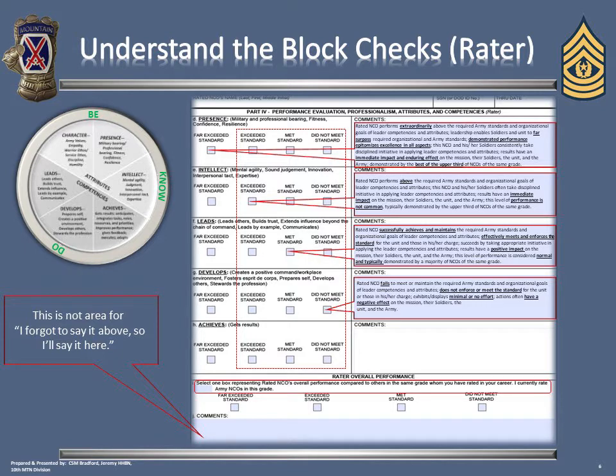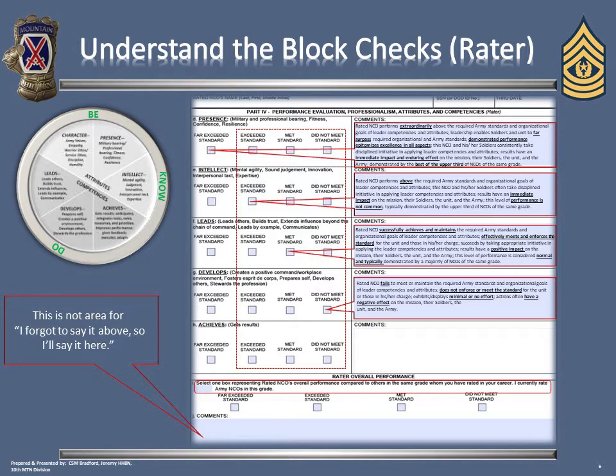1 of 23 is a more impactful statement than 1 of 5, and it builds to the credibility that you bring as you rate and as you're communicating. Remember, this evaluation, from a rater and senior rater standpoint, is communicating to the board. Your only ability to communicate to the board is done on the evaluation system.